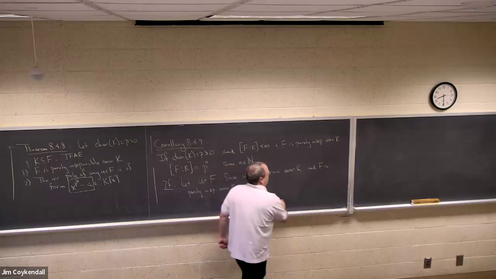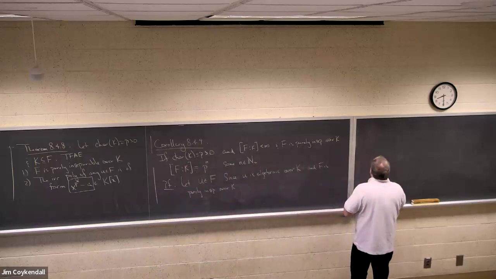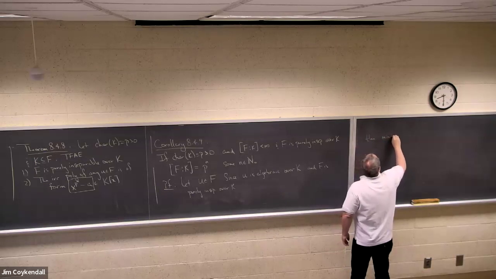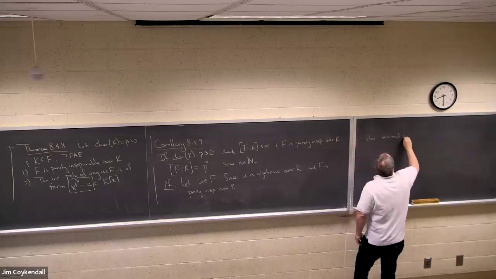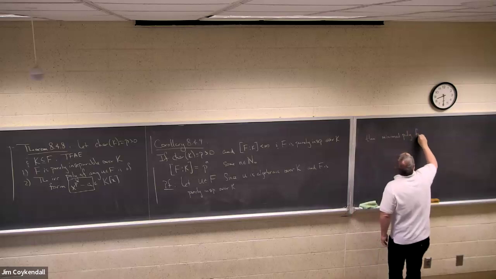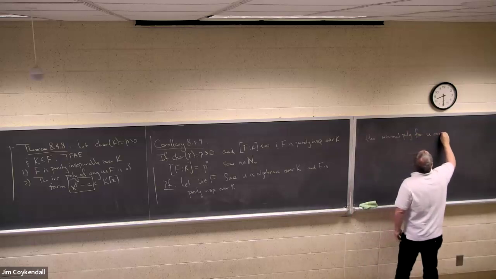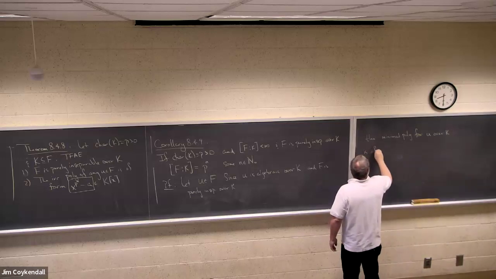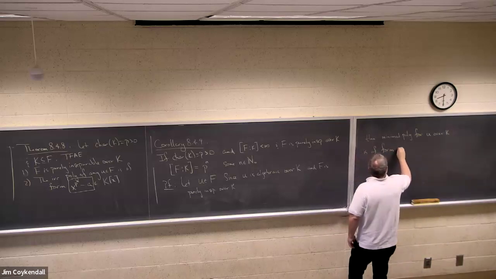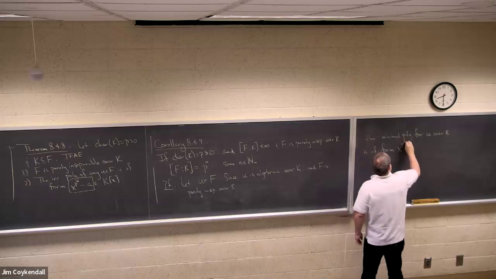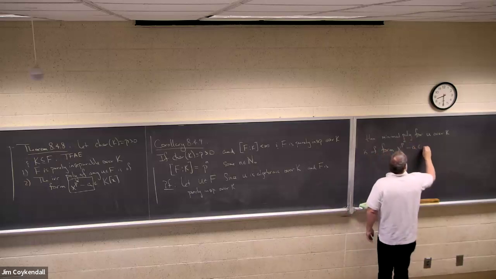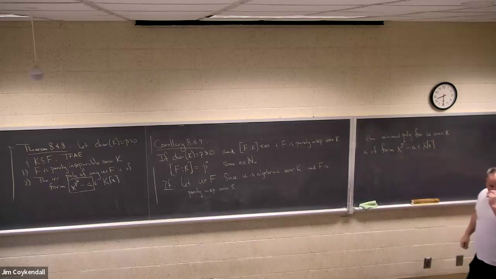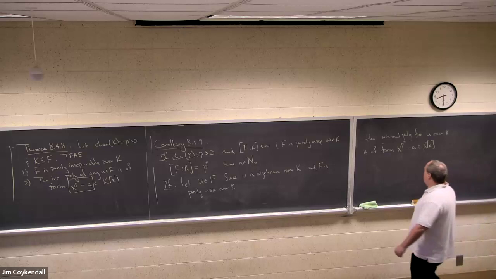So since u is algebraic over K, and F is purely inseparable, it must be the case then that the minimal polynomial of u over K is of the form, so the degree.